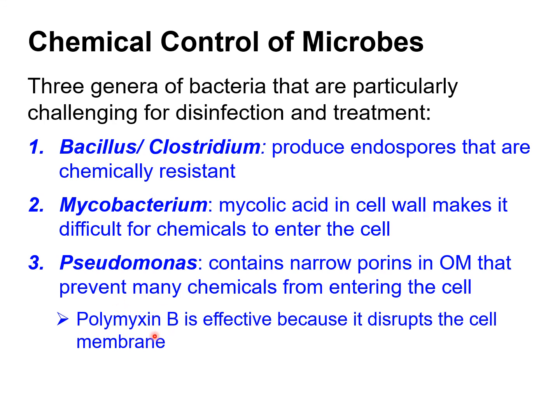As I said, though, polymyxin B is pretty effective against the Pseudomonas because it does disrupt the cell membrane. So that's how, again, the chemicals will be able to make it into the cell, and the cell will die, like the bacteria would die.